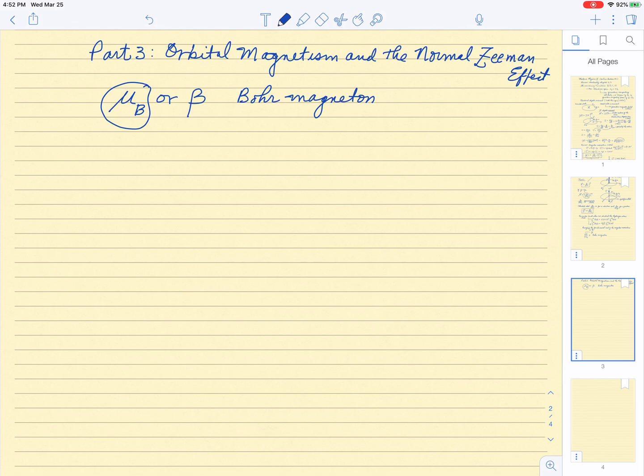So for the electron, if we were to actually do that calculation, mu sub b is equal to e times h bar over 2 m sub e.